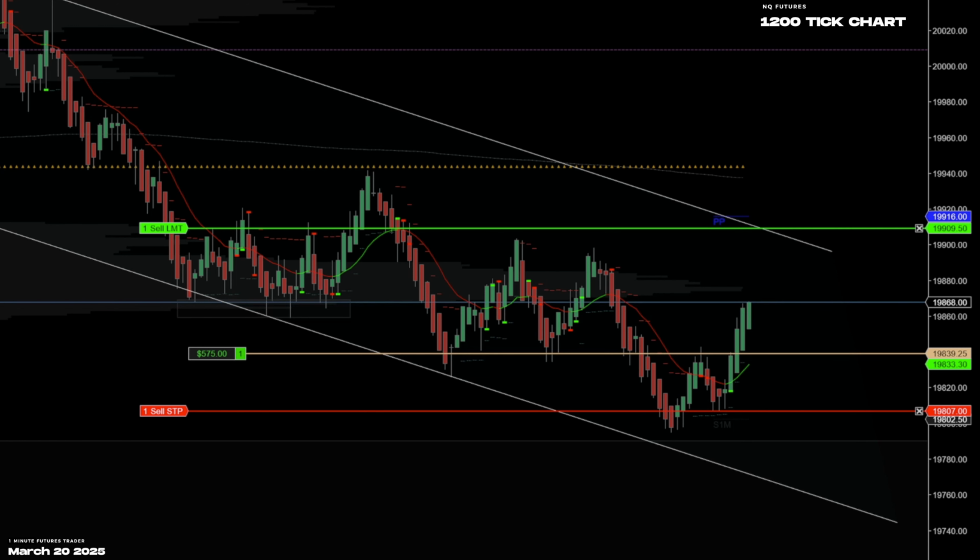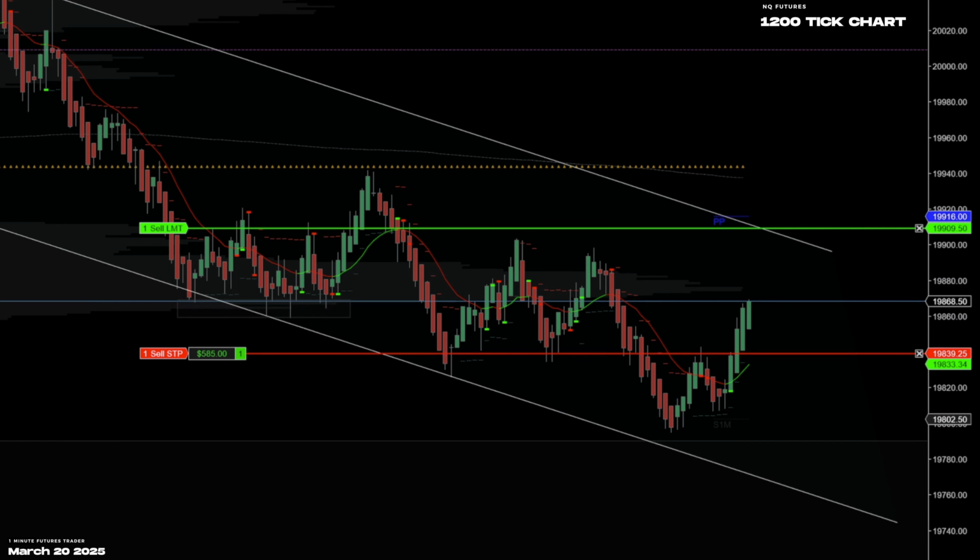And for the second one, I am seeing the prior swing. So this is the prior swing here. That can be a possible area for another rejection, because it is lining up with the point of control level here, and also the high volume node at the same time, with that smaller down channel inside that bigger down channel.